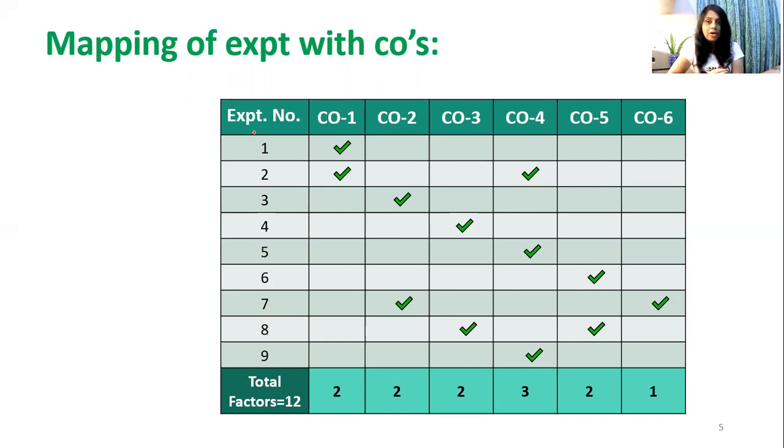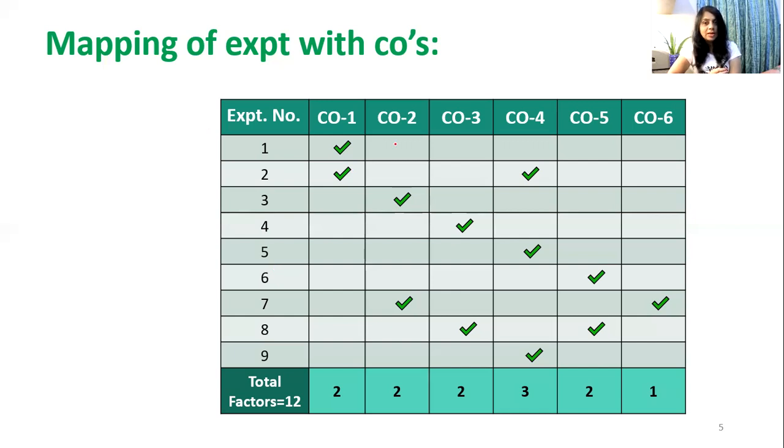Then find out whether experiment number 1 belongs to CO1, CO2, CO3, CO4, CO5 or CO6 and tick that. Now here you can see that experiment number 1 and 2 belong to CO1, then experiment number 3 belongs to CO2, experiment number 4 belongs to CO3, again 5 belongs to CO4 and so on.